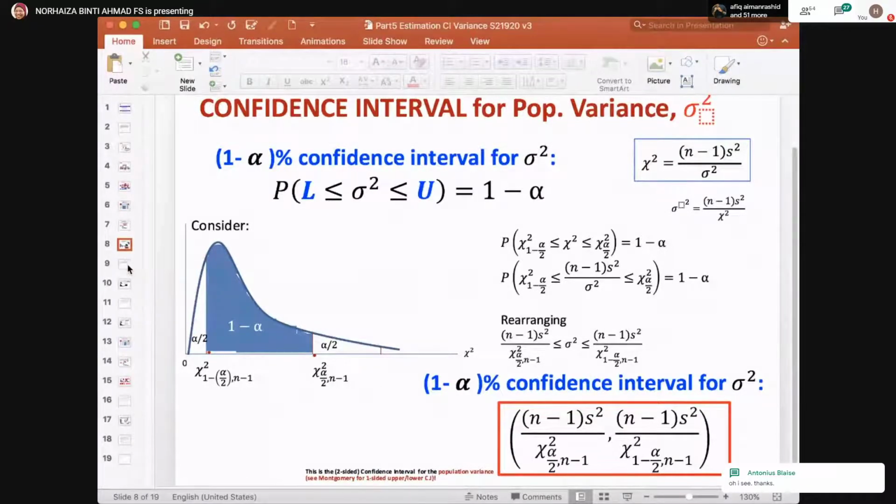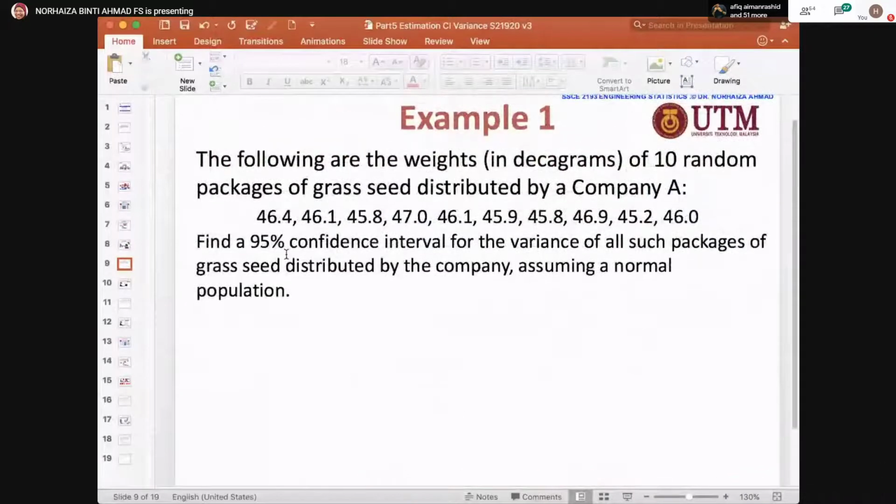Okay, so look at the example here. The following are the weights in decagrams of 10 random packages. So these are observations from your sample because it says 10 random packages of grass seed distributed by company A. So obviously company A has lots of grass seed. This is just 10 of them.